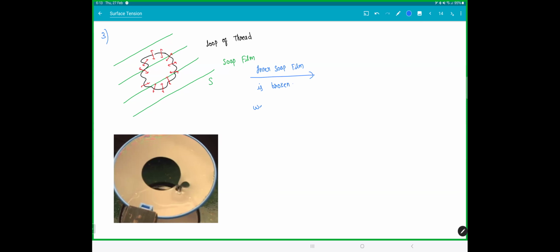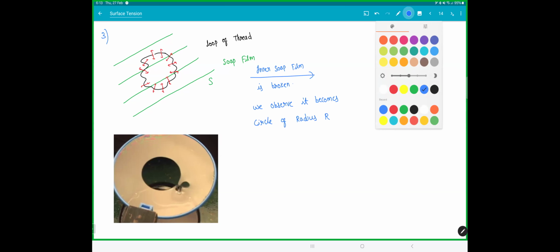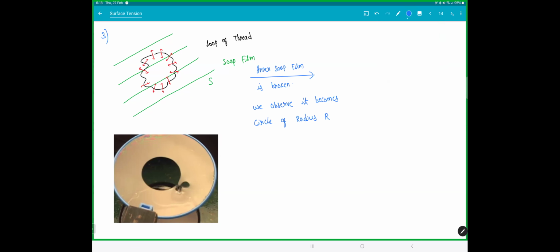And we observe it becomes a circular shape. So we get a circle like this, whose radius is r. And remember, the soap film is outside. So the surface tension is only pulling outside now.